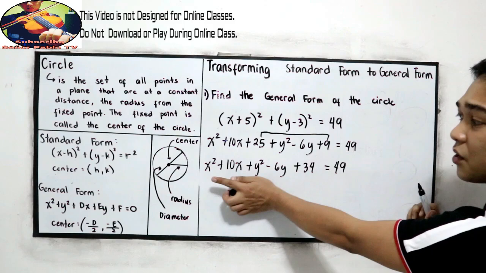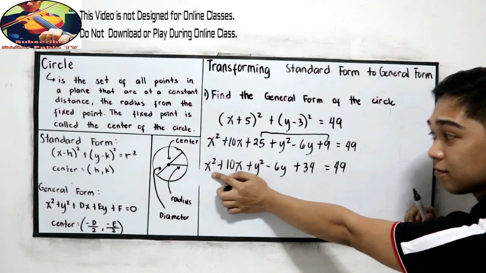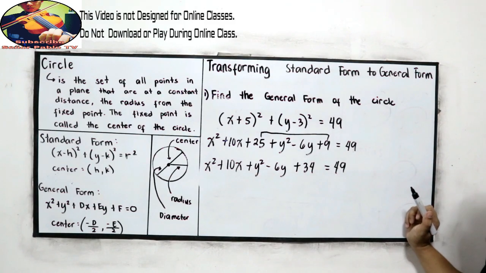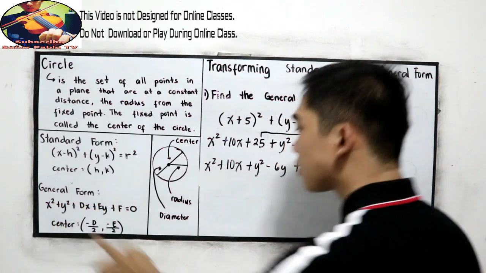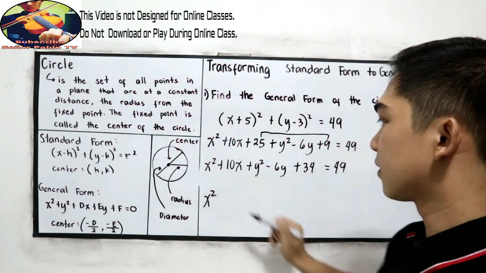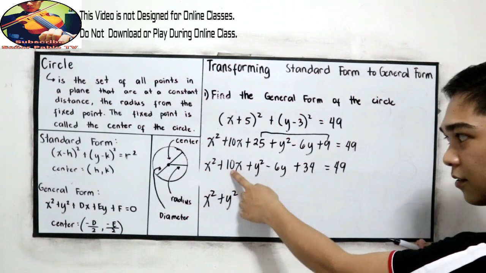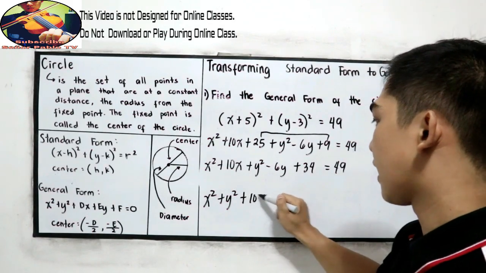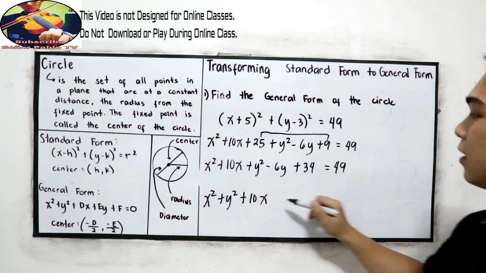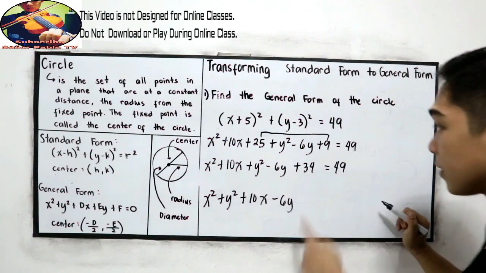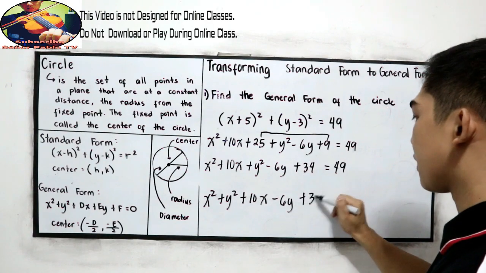And now, let us rearrange our equation. So, x squared, copy positive y squared, plus 10x minus 6y plus 34.